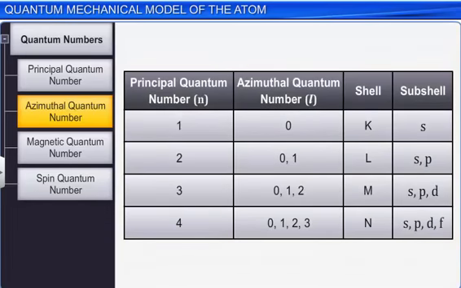Thus, the subshell in the K shell for n is equal to 1 is s. In the L shell with n is equal to 2 are s, p. In the M shell for n is equal to 3 are s, p, d. In the N shell for n is equal to 4 are s, p, d, f, and so on.